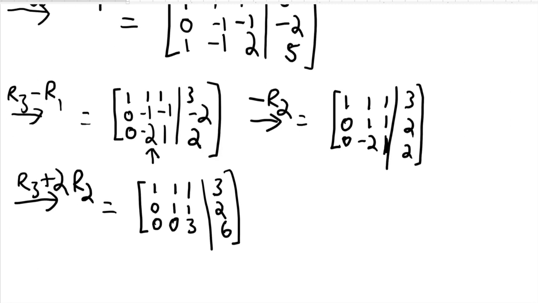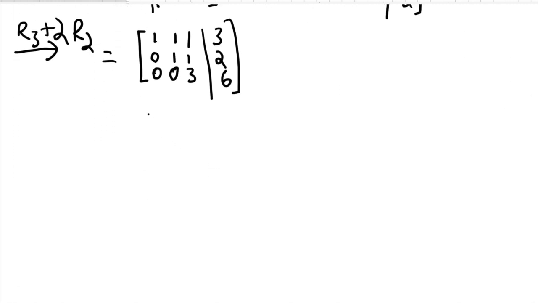Okay, so we're almost there. We now have to do one more iteration because we now ignore the top 2 rows and just focus on the third row. So like before, we find the leftmost column that is not all zeros, but because we already used the first column and the second column, we now have to use the third column. We get a non-zero entry at the top of this third column, because we're ignoring the first 2 rows, the topmost element is 3, which is non-zero.